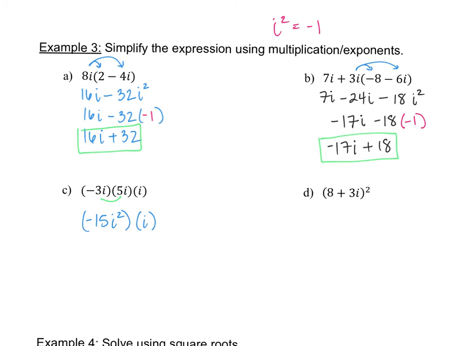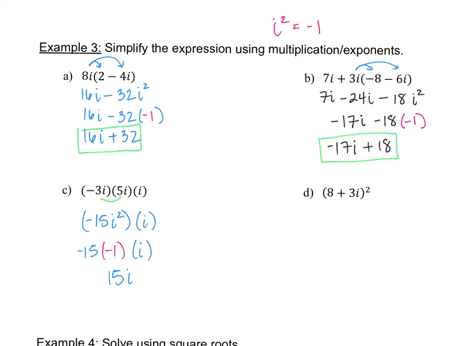So I basically have, in this case, that's a lot of parentheses. Let me write it this way. So I have -15 times -1. So I bring down the 15, and I'm changing the i squared to a -1. And I'll still need to bring down the i that's next to it. So if I multiply -15 with -1, I get +15i. That comes down.